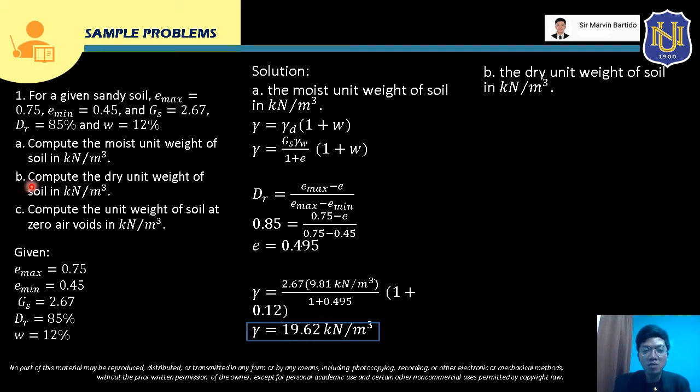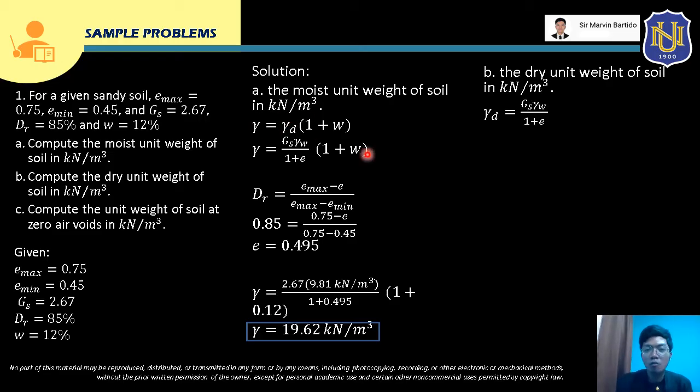Now for letter B, we have to compute the dry unit weight of soil in kilonewton per meter cube. Since we solved for the moist unit weight, we could substitute it here and directly solve for gamma dry.